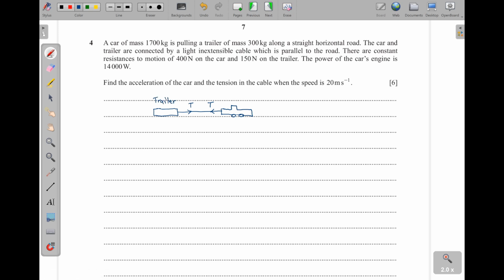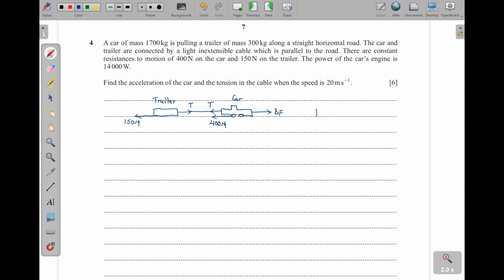So this is the trailer and this is the car. Now, there is resistance to motion of the car, which is 400 newtons, and the resistance to the motion of the trailer is 150 newtons. Okay, then there is, of course, a driving force on the car.